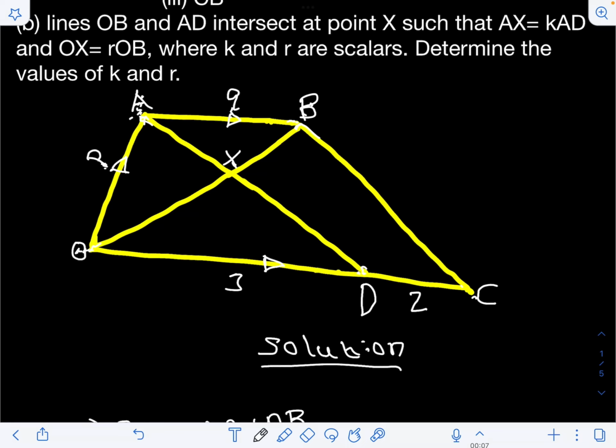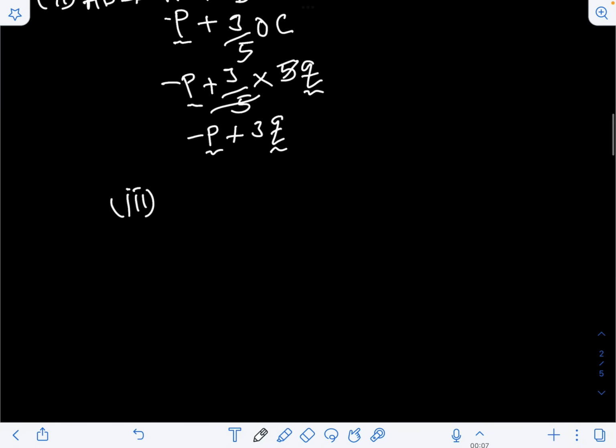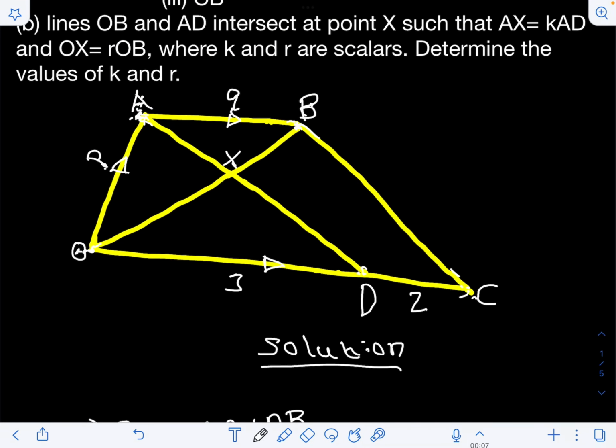How can you get that CB? CB is the same as CO plus OA plus AB.